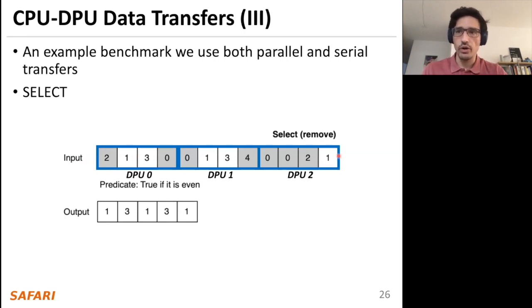So the problem is that because we don't know in advance how many elements we will have to copy to the output array from each of the DPUs, we need to use serial transfers, right? So in this case, 2 elements here, 2 elements here, 1 element here, and the overhead that we're going to have here in the execution of our program is that we will have to go one by one, retrieving the output results from the different DPUs.